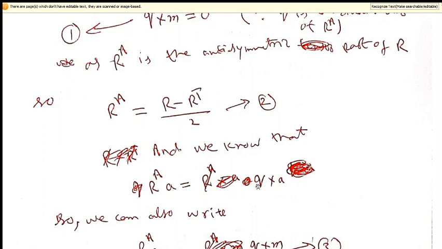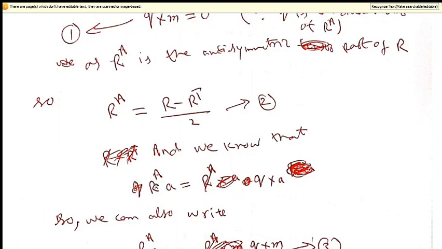You can see the definition that if TA is the dual vector of T, then we can write T^A a equals T^A cross product with small a. So this is from our definition.